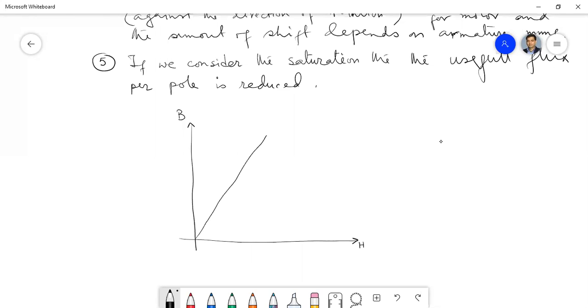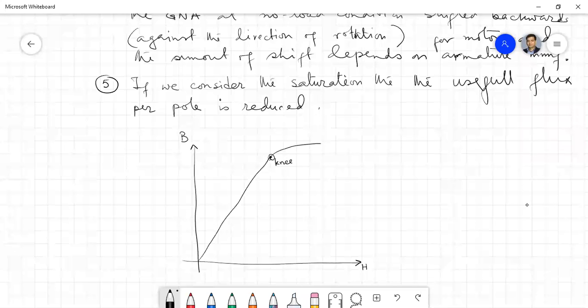It's difficult to draw a straight line. Anyway, I'm trying. So this is called the knee point. After the knee point, the saturation begins. Before that, it was linear. Now come to this resultant curve.